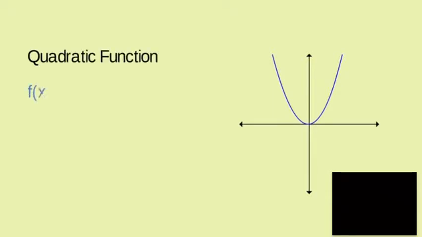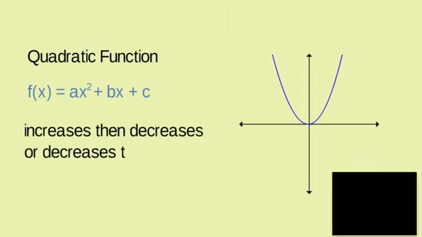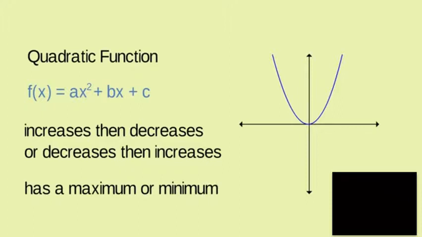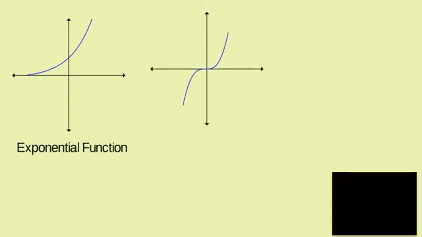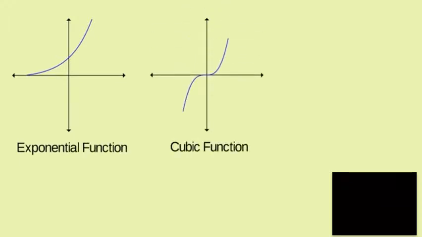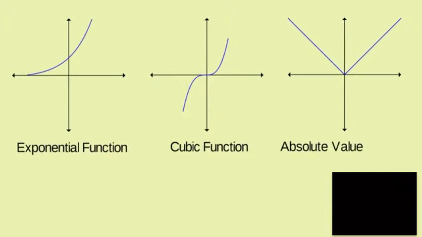The equation for a quadratic function is f of x equals ax squared plus bx plus c. A quadratic function can increase to its maximum and then decrease, or it can decrease to its minimum and then increase. And here are three more function types: exponential, cubic, and a linear absolute value function, along with their equations. What characteristics do you notice about these kinds of functions?